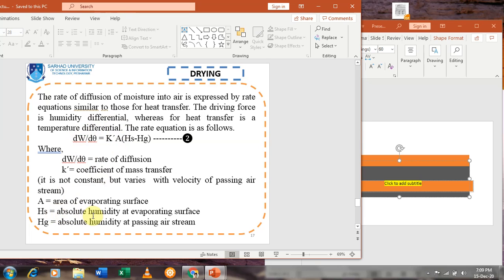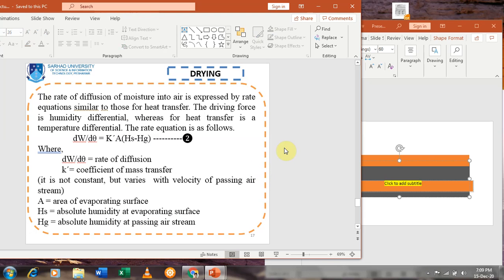Hs is the absolute humidity at the evaporating surface, while Hg is the absolute humidity of the passing stream, and Hs minus Hg is the differential in absolute humidity of the evaporating surface and the passing stream.